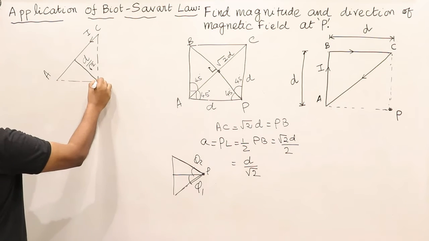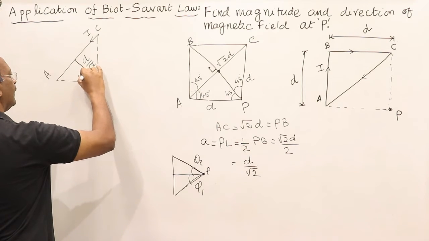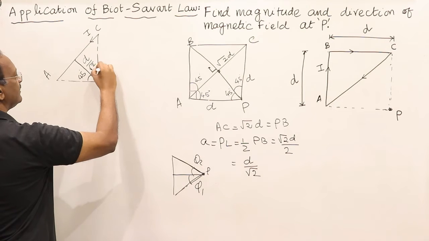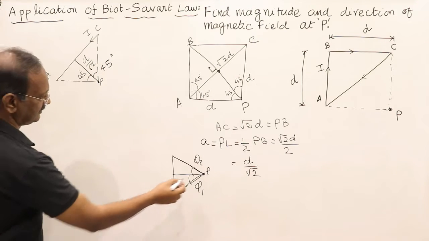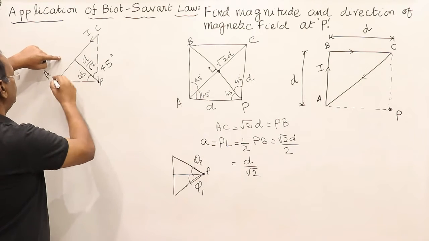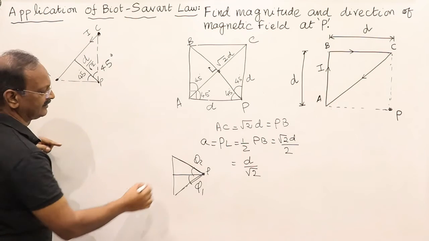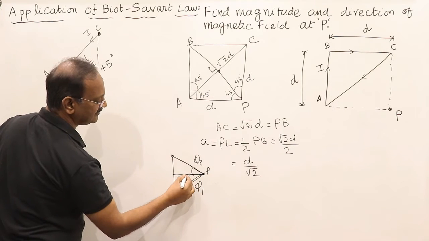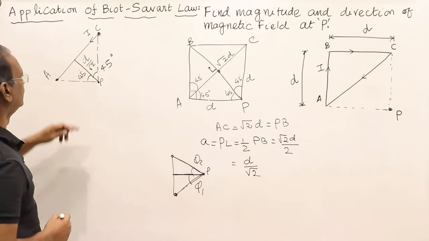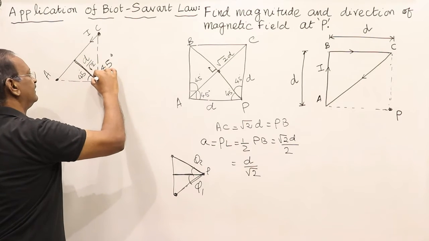Since this is 45 degrees and this is also equal to 45 degrees, we got this point P, and this is one end of the conductor and this is another end of the conductor, and this is the perpendicular distance with the conductor.